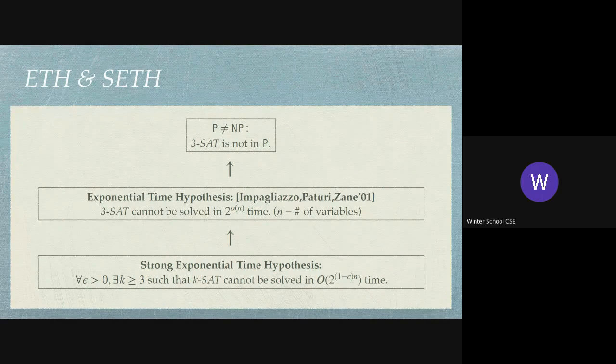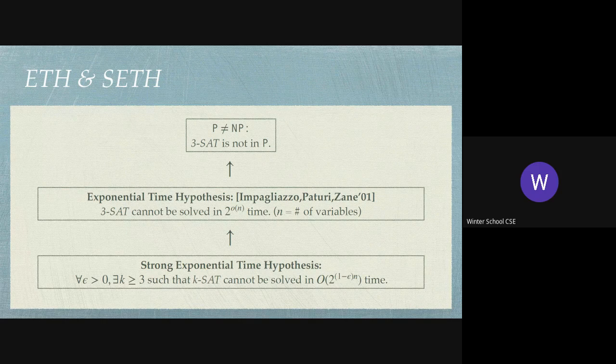It is not big O of n, right? So all I'm saying is that suppose this is true, so for some k-SAT you cannot solve it in order 2 to the 0.99n time.